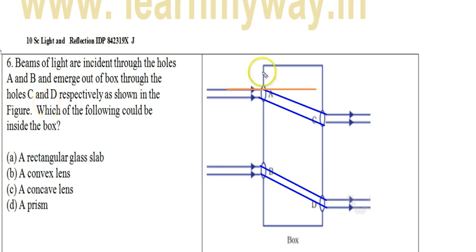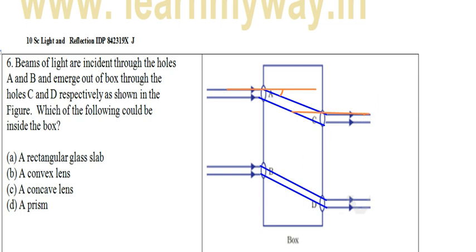So a ray of light which is coming parallel to 90 degrees or normal is bending towards the normal like this. And subsequently, when the same ray of light is moving out from the rectangular glass slab to air once again, it is going to have the same refractive index as in the first case.